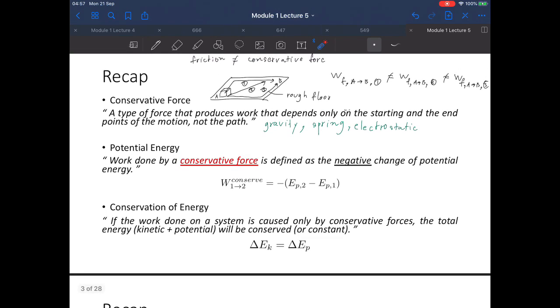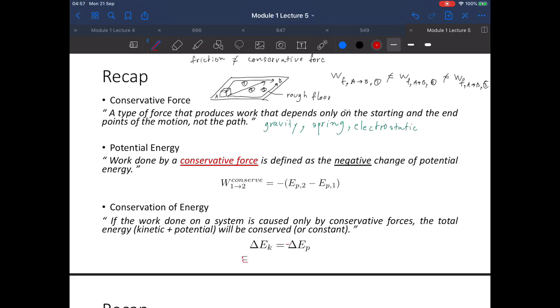And that means what we have finally is that delta EK must be equal to, actually it should be minus, equals minus delta EP.